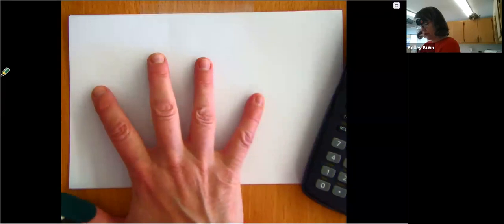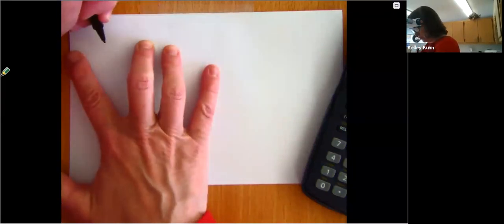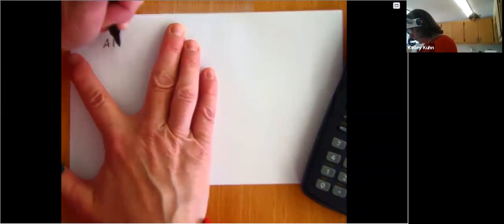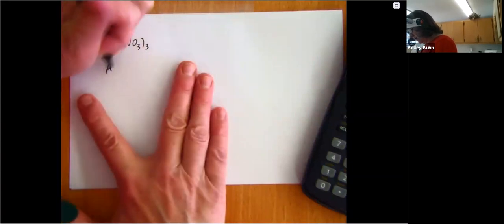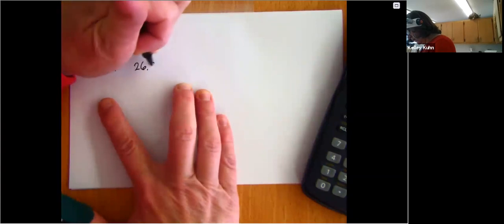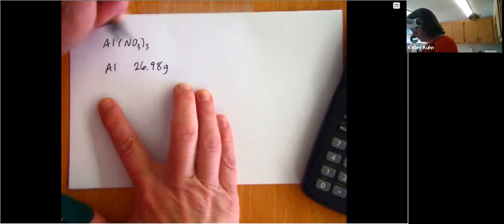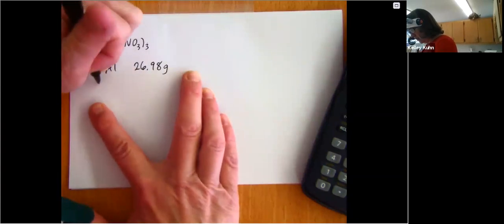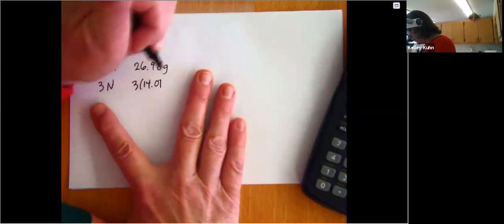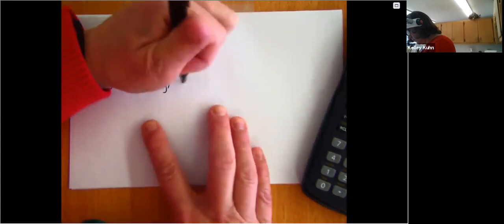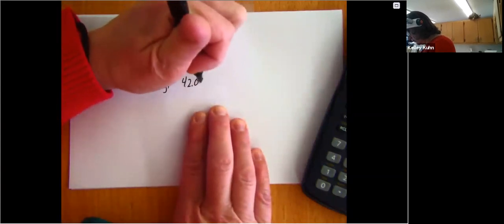So first of all, for the bell work, just to remind you what you should have gotten, we had aluminum nitrate. Aluminum is 26.98, and I only had one of those. I've got 3 times 1, 3 nitrogens, so 3 times the atomic mass of nitrogen gives me 42.03 grams.